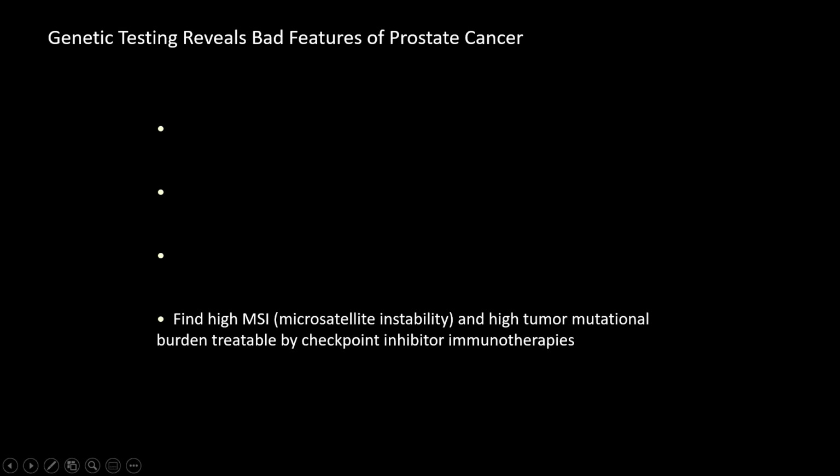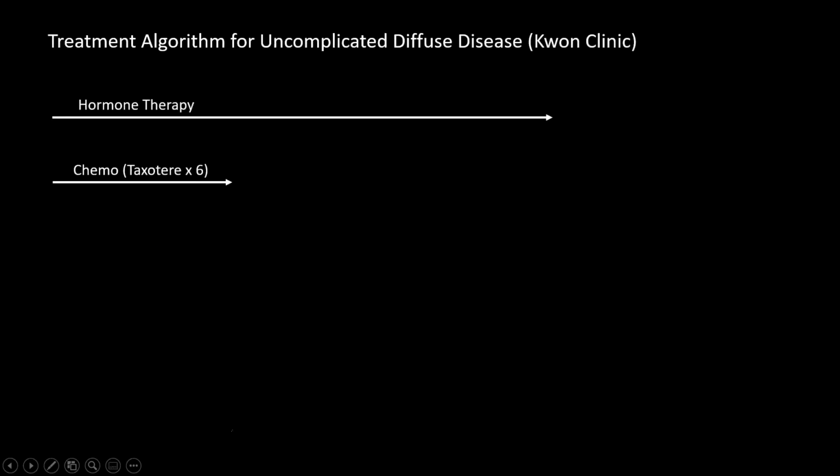Also, when we do genetic testing, we're always looking for microsatellite instability as well as high tumor mutation burden, because these can be treated very effectively with checkpoint inhibitor immunotherapies, such as nivolumab, Opdivo, pembrolizumab, Keytruda. And nowadays, insurance recognizes the fact that if you have high microsatellite instability and high tumor burden, you might be a good candidate for treatment with these excellent drugs.